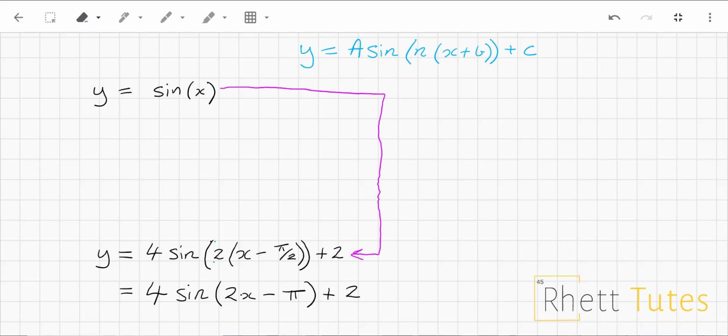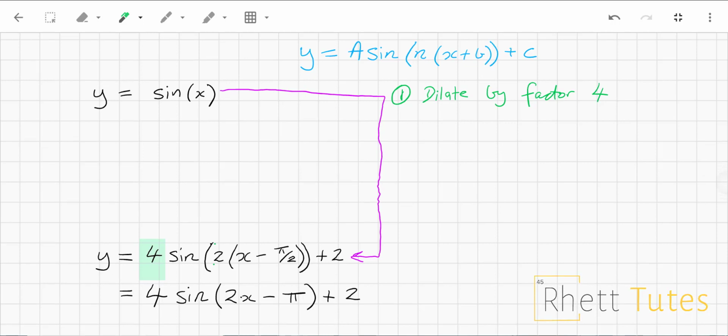So the first one I'm going to apply here, number one, is I'm going to dilate by factor 4 from the x-axis. So that is essentially the equation y equals 4 sine x.